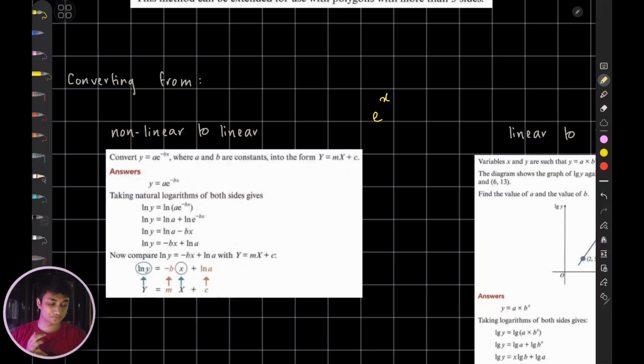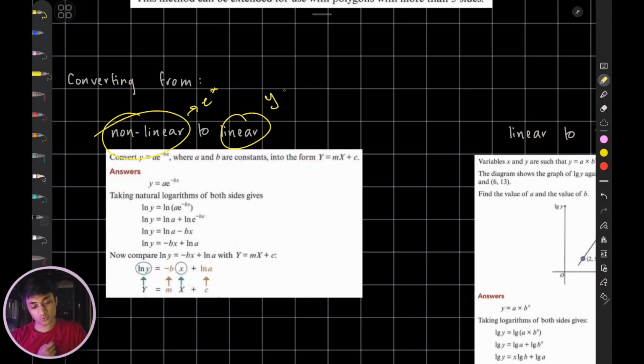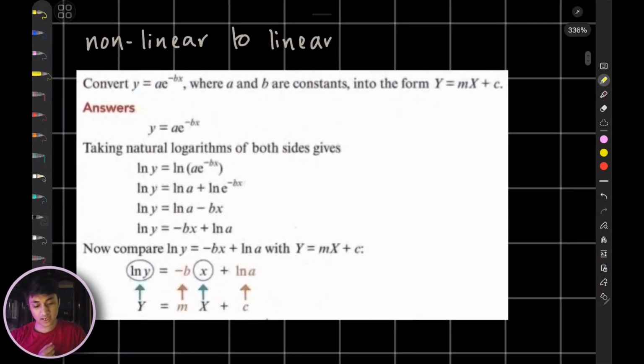So I'm converting a non-linear equation, which is e to the power of x, to a linear function, which is typically going to be y equals mx plus c. Knowing that, let's give it a shot. Again, I'm going to use ideas from chapter 5 on logarithm, so you need a good basis in logarithm. Okay, so fair enough.